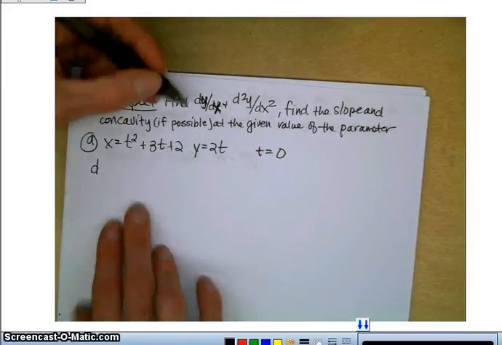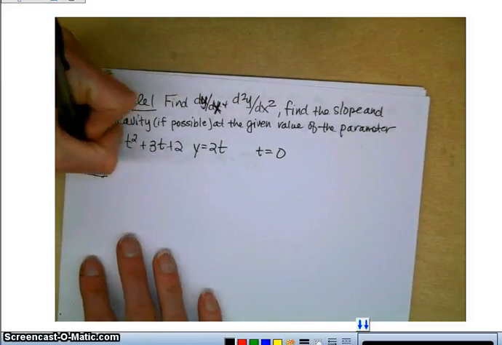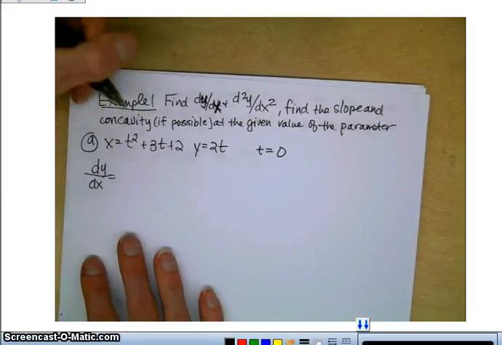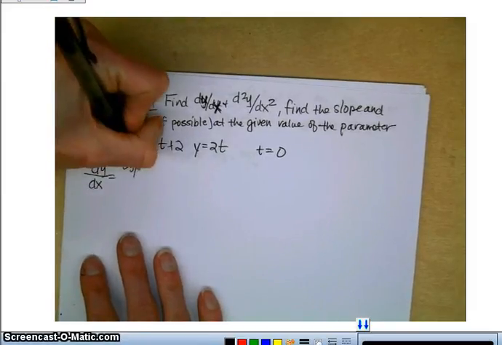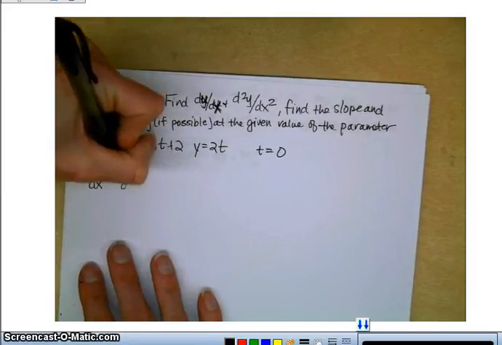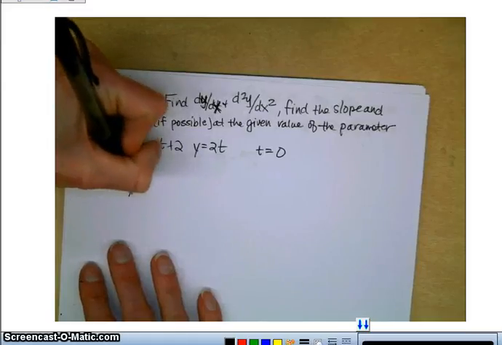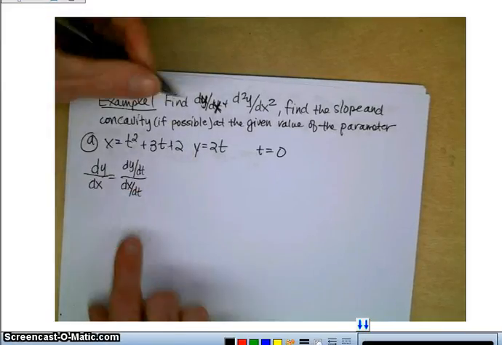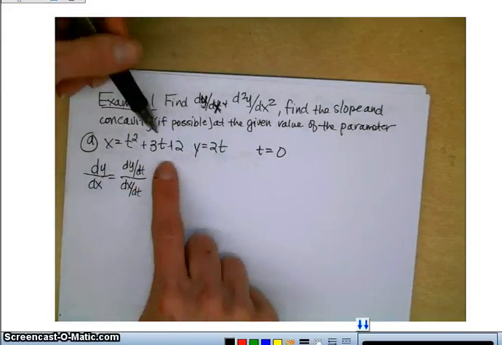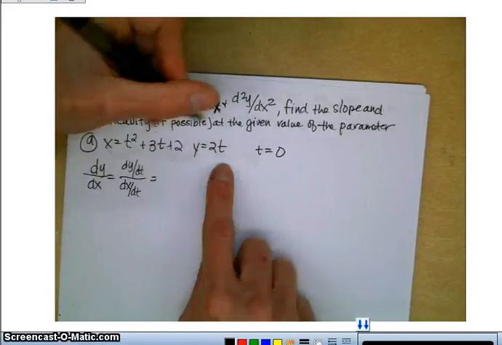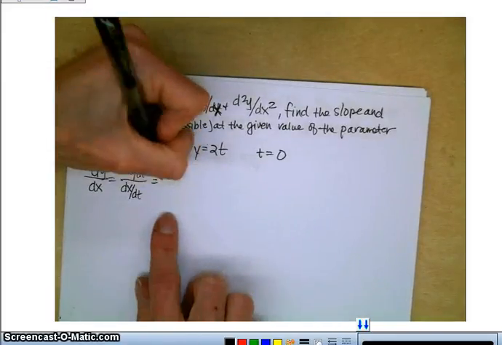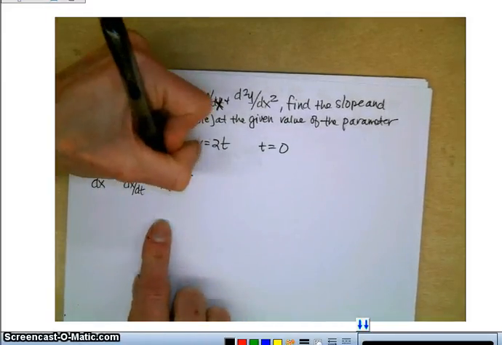Okay, so the first derivative is equal to the derivative of the y part divided by the derivative of the x part. These are dy over dt and dx over dt because both of these have t as the variable. The derivative of the y part is 2. The derivative of the x part is 2t plus 3.